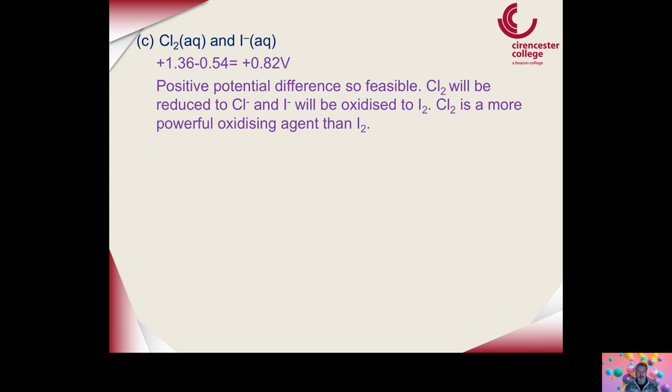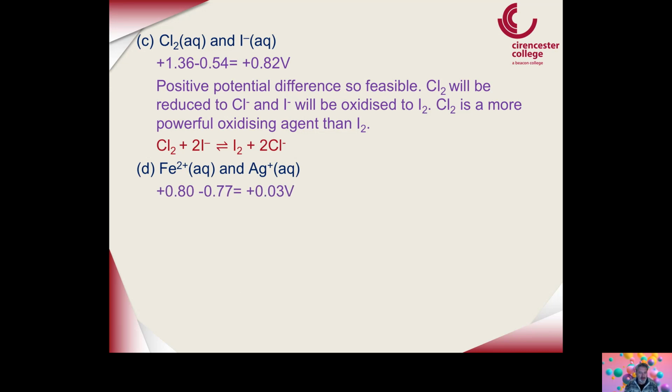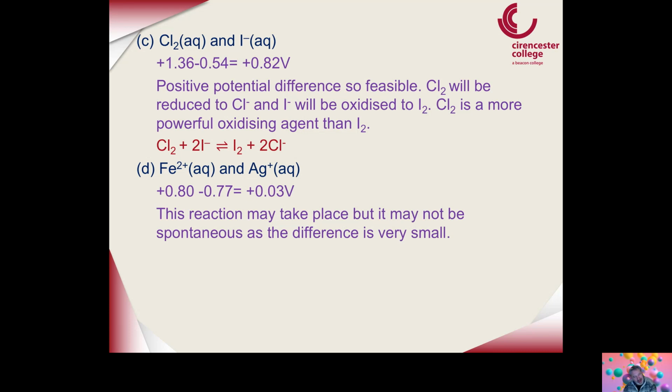Okay, so chlorine will be reduced to chloride and iodide will be oxidized to iodine. Cl2 is a more powerful oxidizing agent than I2, so we've seen that chlorine will displace iodide. Okay, that one will be positive, so it could take place, but it might not be spontaneous.